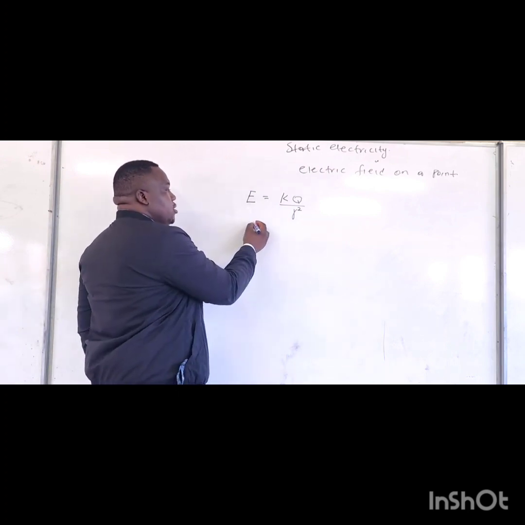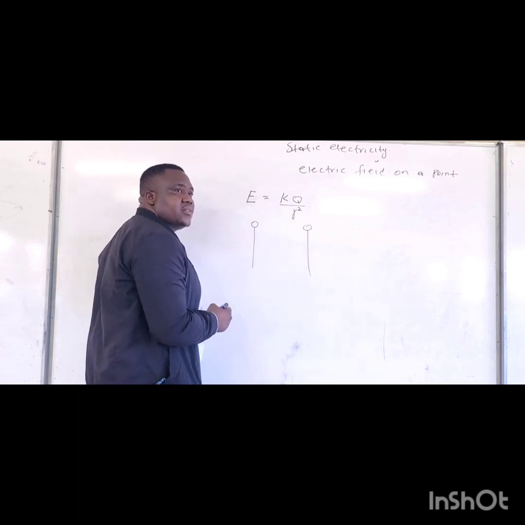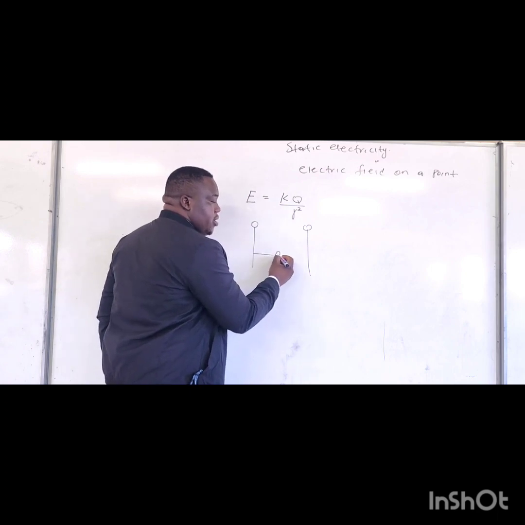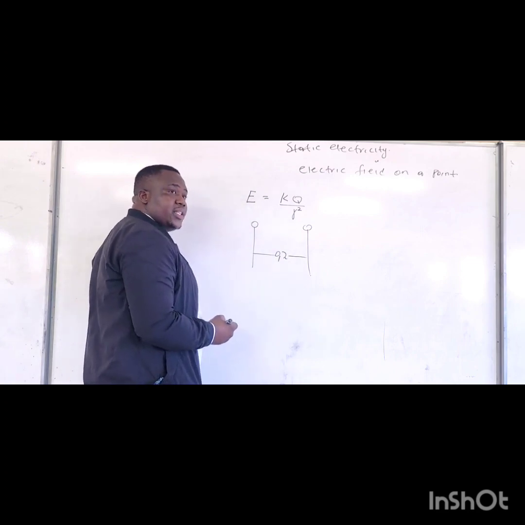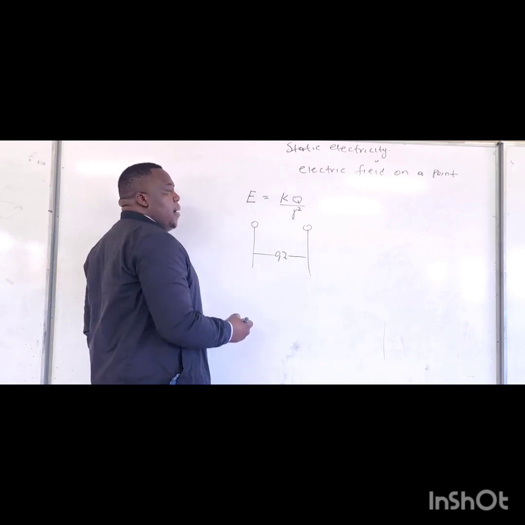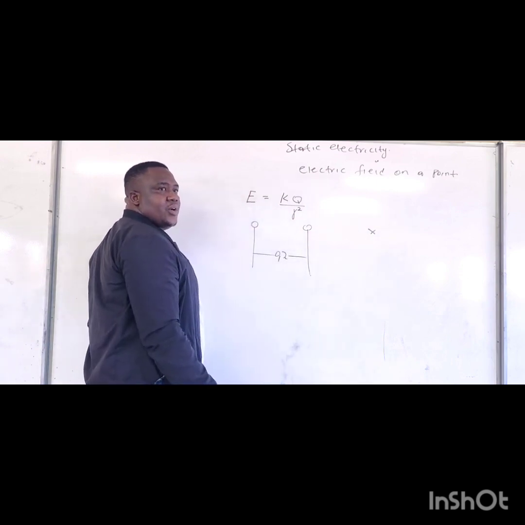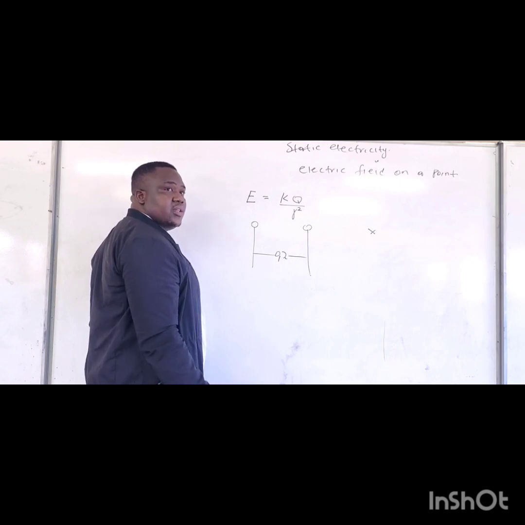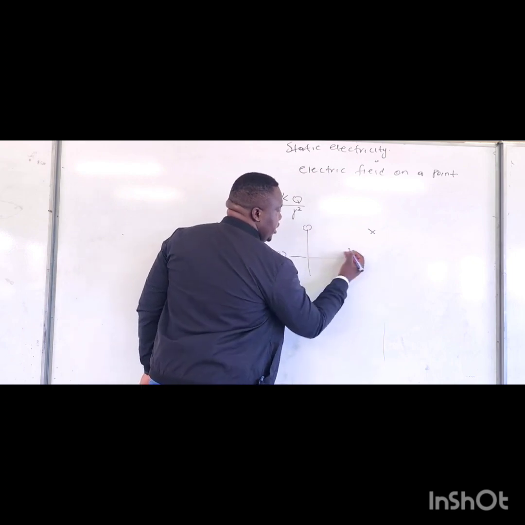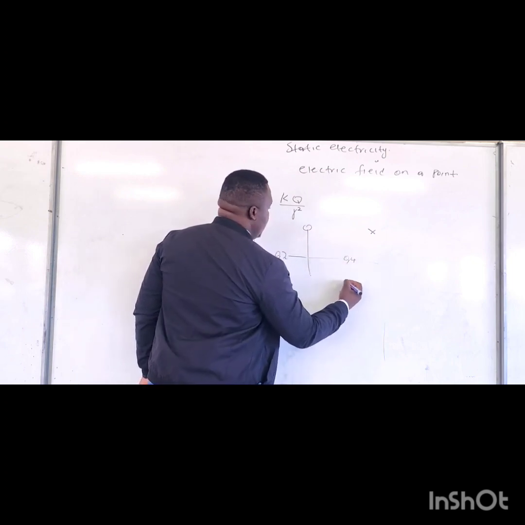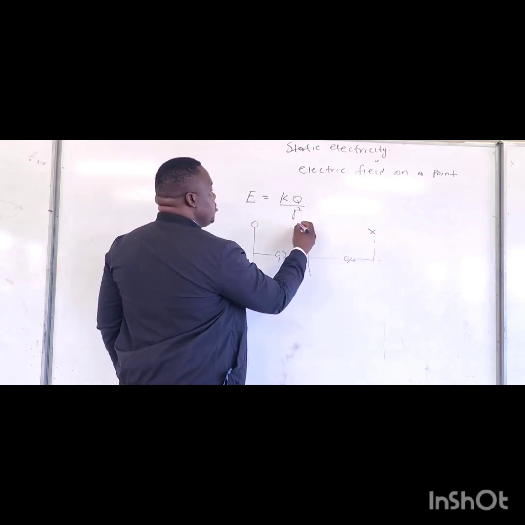Let's say we have two spheres, 0.2 meters apart. Then we have a point X, which is 0.4 away from this one.